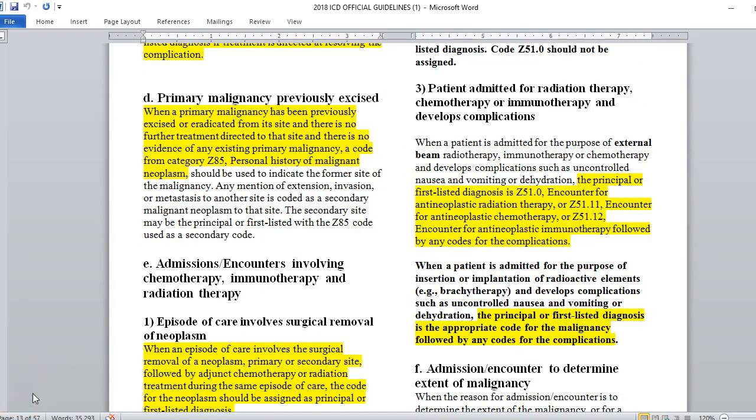Now, as we talked about, we will get a lot of complications, both from the cancer itself and from the therapy for the cancer. So now we're going to talk about what happens when we have those complications.